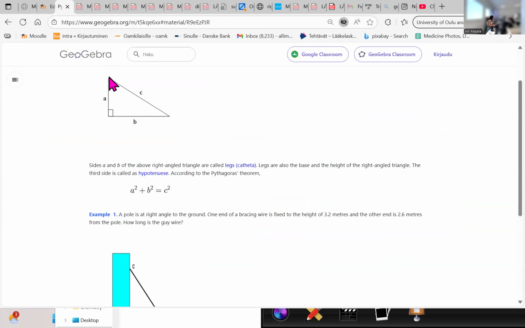Yeah, a square. If you draw a square here on both of the sides and on this hypotenuse, then the sizes are the same.